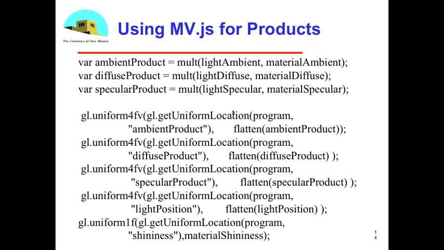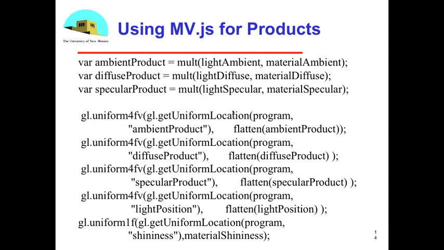When the mult function is given two vec3s or vec4s, it will multiply them component by component. It detects what the size of the entity that you're putting in is. So I can get these ambient product, diffuse product, and specular product, which is just multiplying together the K's and the intensities, that is, each ambient, diffuse, or specular term of the light with the corresponding one for the material, and that will make the code look a lot cleaner.